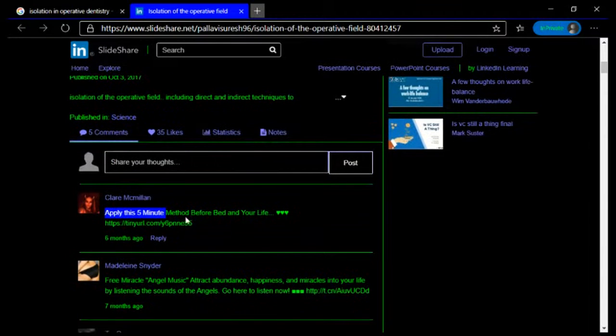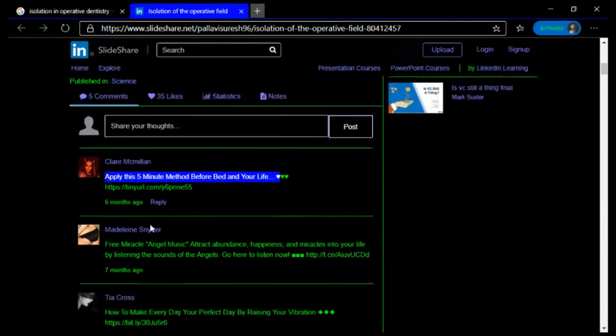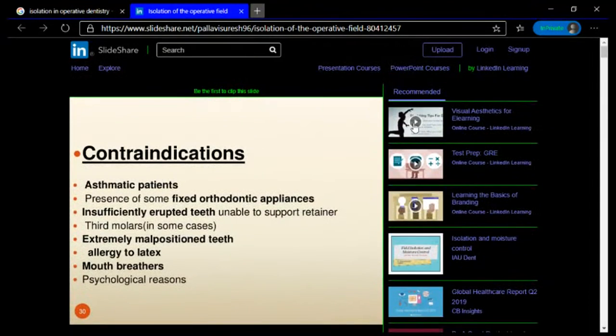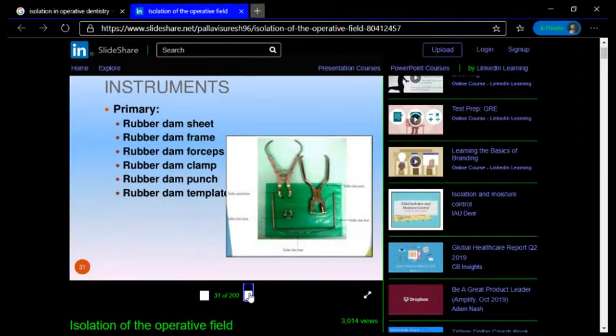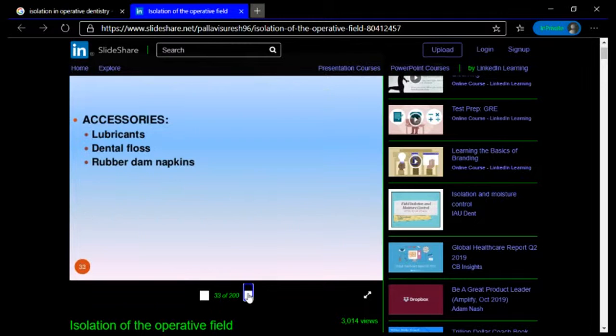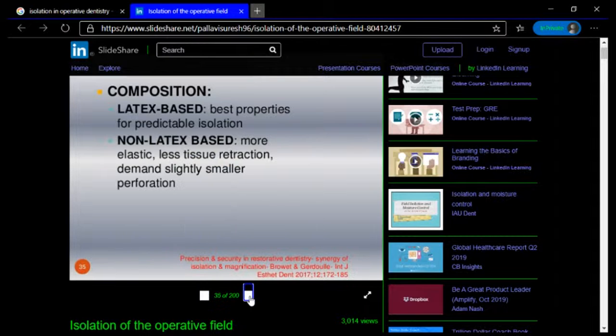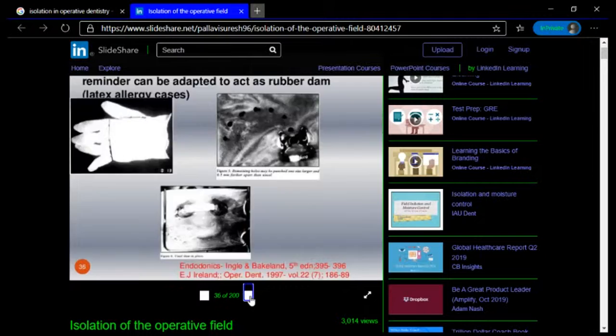There are many comments here, lots of comments, as we can see, about this SlideShare project, which can use accessories, rubber dams, all in hope of isolation of the operative dentistry.